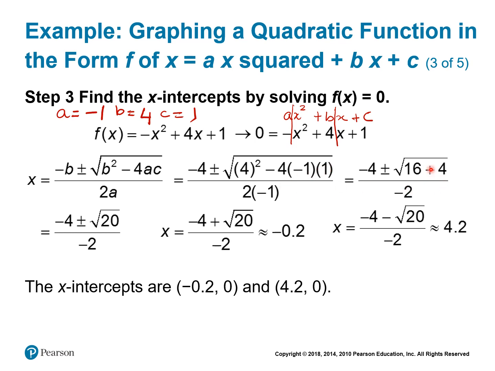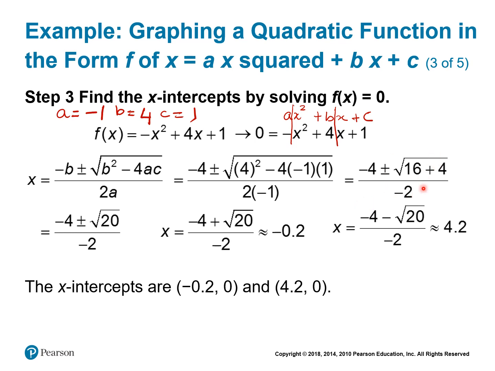So this becomes +4, because we multiplied -4 with -1, making it +4, and then the next value is +1, so +4 times 1 is +4. Divided by 2 times -1, which is -2.